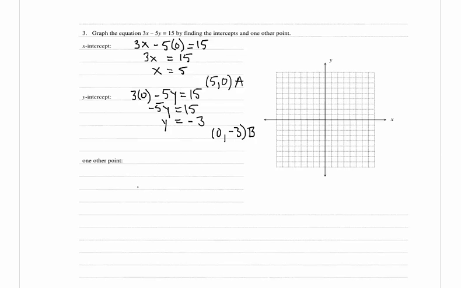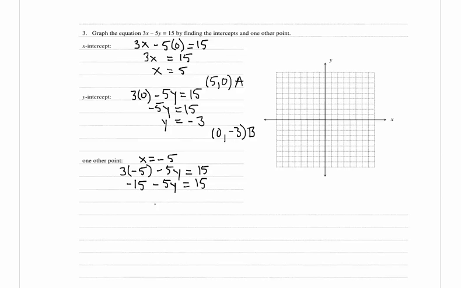And for the other point, I'm going to choose x = -5, and plug that in for x, and we have 3 times -5 - 5y = 15. 3 times -5 is -15, minus 5y = 15.